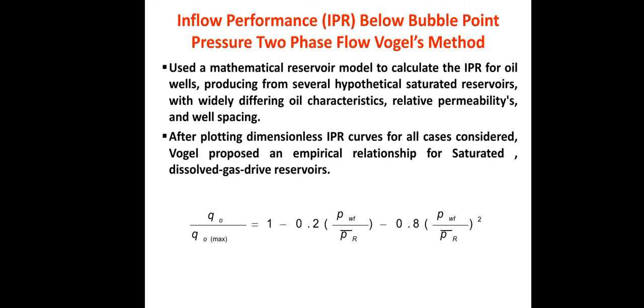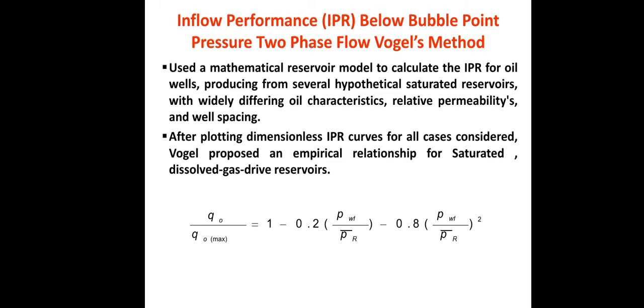Each fluid has its bubble point, characterized by the pressure and the temperature. This is the pressure at which you have a phase change. When you are producing from the reservoir, normally the pressure of the reservoir declines, right? So when you are still above the bubble point pressure, you have a single phase flow.